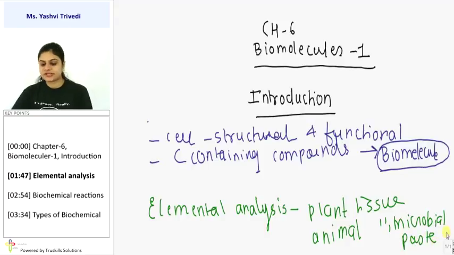If you perform the elemental test on that tissue, you will get to know what type of elements are present in it, like whether it has carbon, hydrogen, oxygen, nitrogen, phosphorus. So for the analysis of that, we perform the test called elemental analysis.